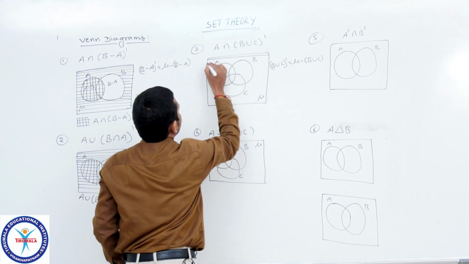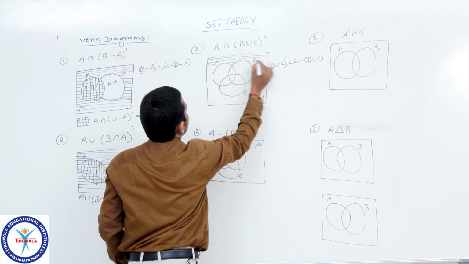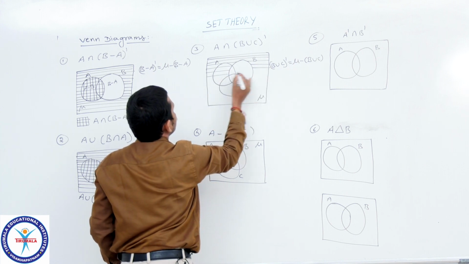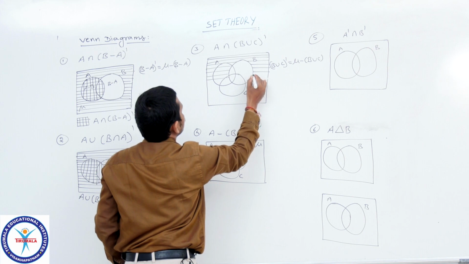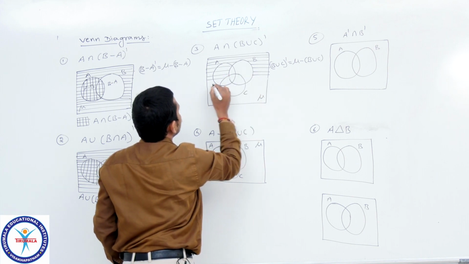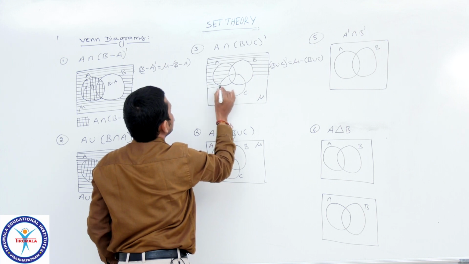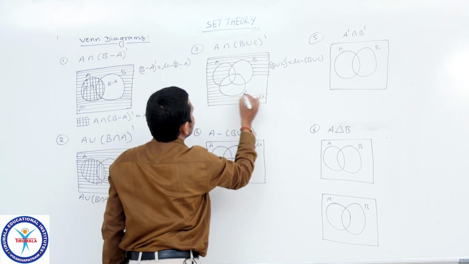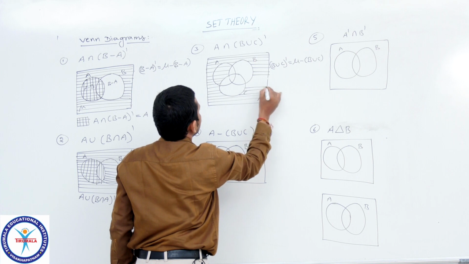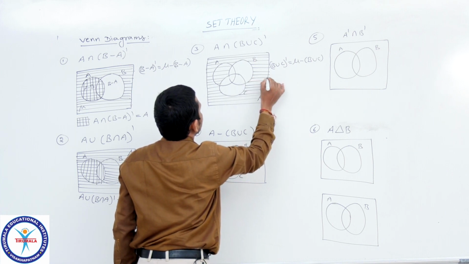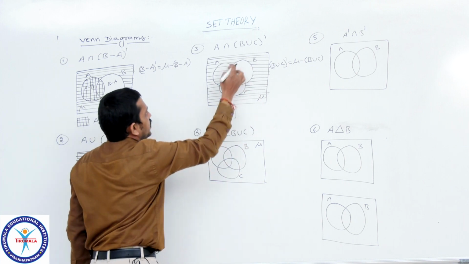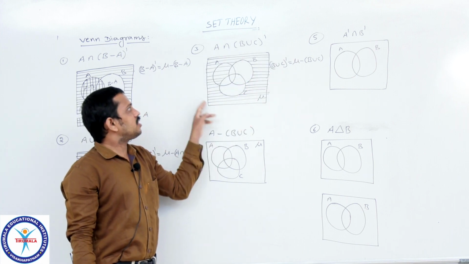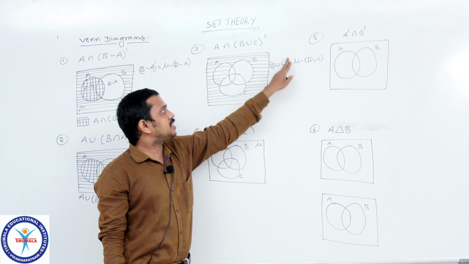Then the remaining region is what we get, so we exclude the region belonging to B or C from the region of the universal set. So, this is (B union C) whole complement.